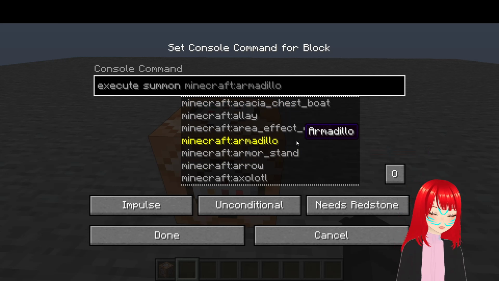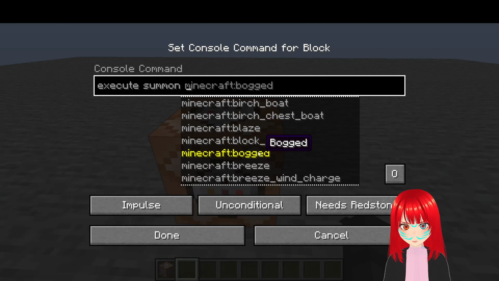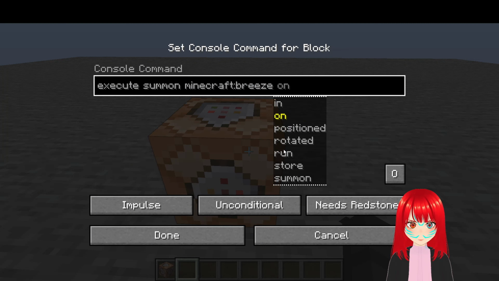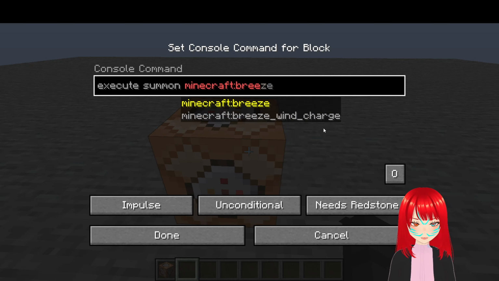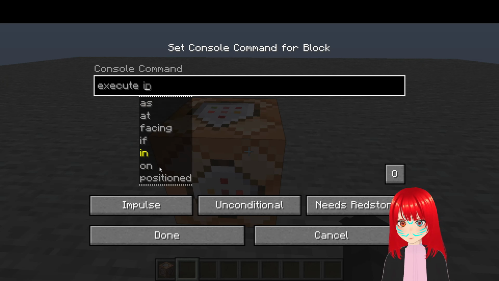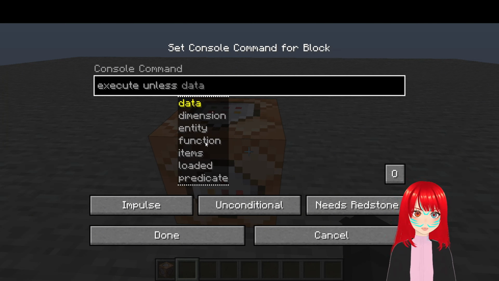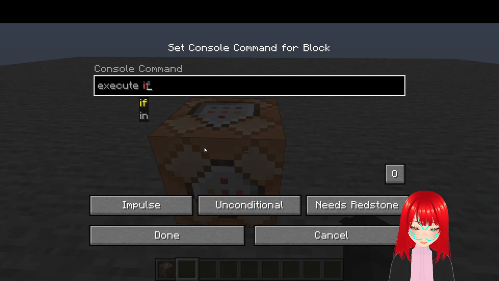I think I already went over this, but just in case. Basically, you summon something, right? And then you can run another command. Pretty simple. Unless, now this is like the else, right? It's going to be the same as if you put the if statement, right? Go over here, type the if, right?